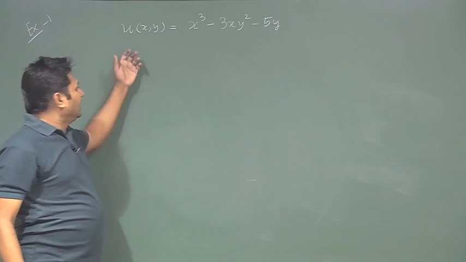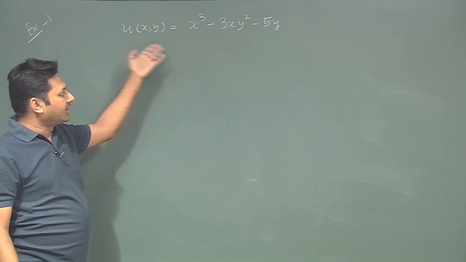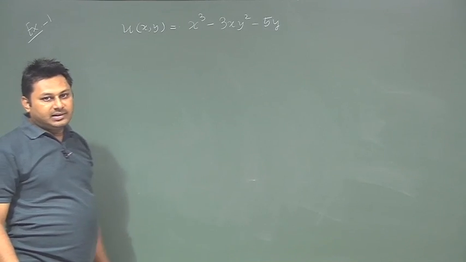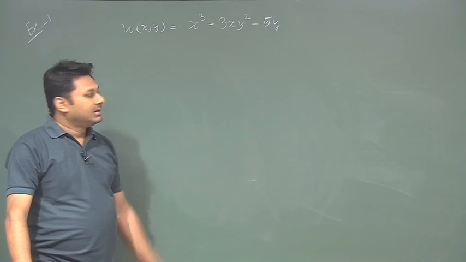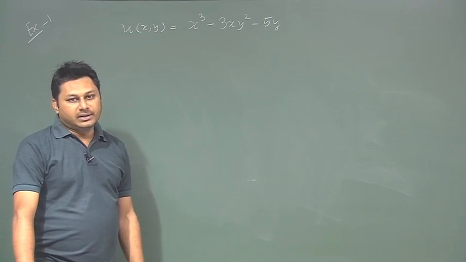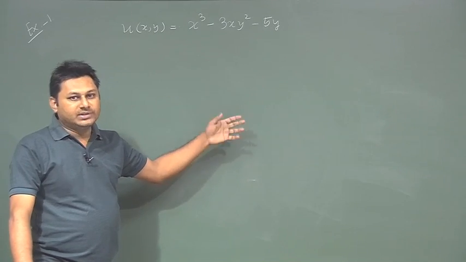Now, u is given in this functional form. The next thing is that you are asked to find what should be the v for this u, so that you will have u plus iv, a form which is analytic in nature.